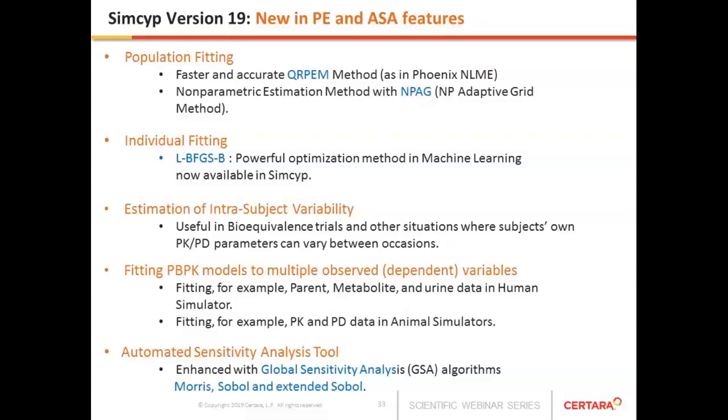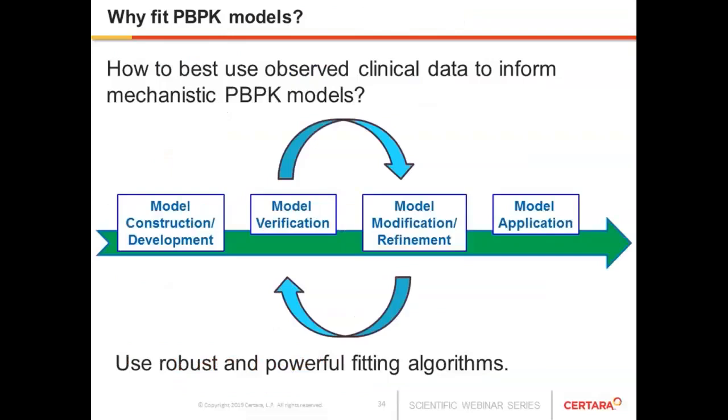And finally, we have improved substantially the automated sensitivity analysis tool, introducing three new global sensitivity analysis methods: Morris, Sobol, and extended Sobol. So I'll briefly go through each of these areas now.